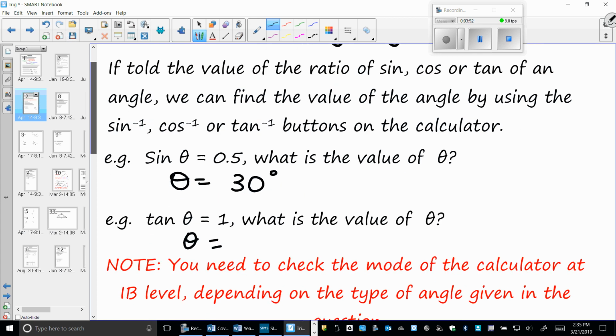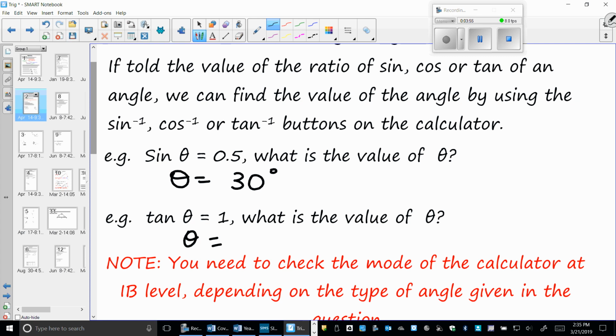Can someone put it in their calc? 45. Thanks, Amy. It's sine to the minus 1 of 0.5, and tan to the minus 1 of 1. As I said, you need to check the mode of the calc.